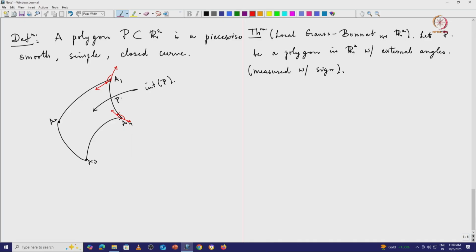The idea is that if your tangent vector turns in the anticlockwise direction, you count that external angle as positive. Otherwise, you count it as negative. So you have to be careful. You have to measure the exterior angle with the correct sign.